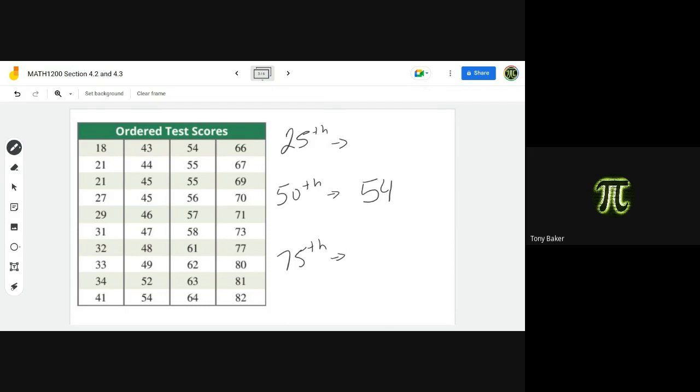So this is the other one, where I'm giving you the percentile. I'm giving you P, and you need to find L.